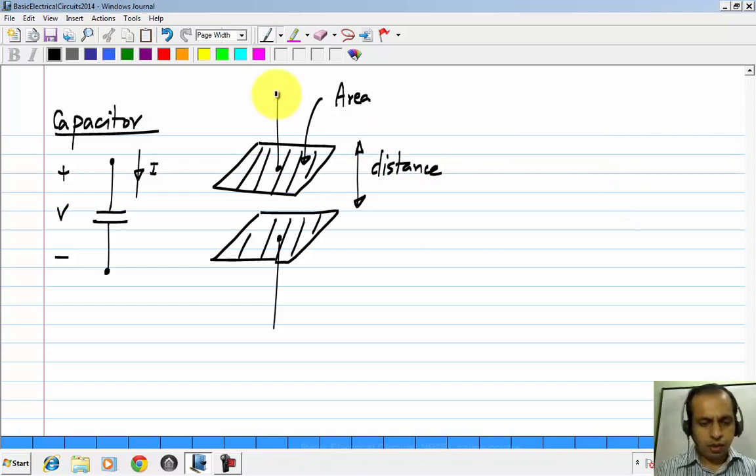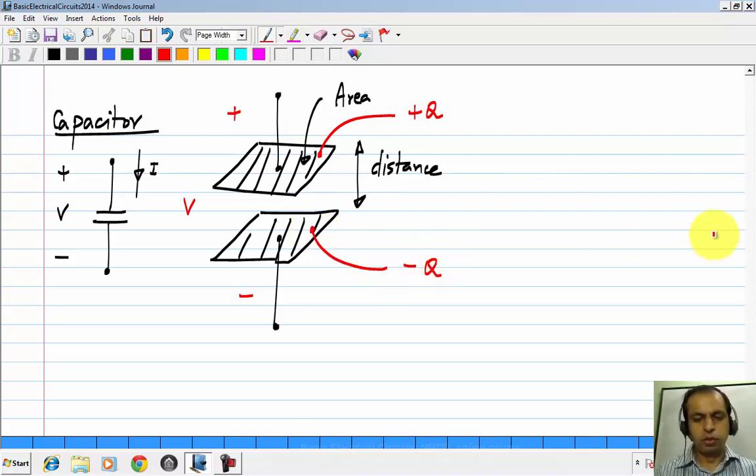And again, from basic physics, if you apply a certain voltage V between the plates, that causes a charge plus Q on the plate which is connected to the positive of this voltage V, and minus Q on the plate connected to the negative of this voltage V.